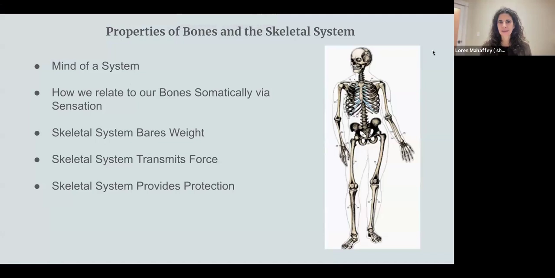We'll begin with some yogic philosophy and also some somatic understanding around the skeletal system and the mind of the system, how we relate to our bones somatically via sensation, and the understanding that our skeletal system bears weight, it transmits force, and it provides protection.